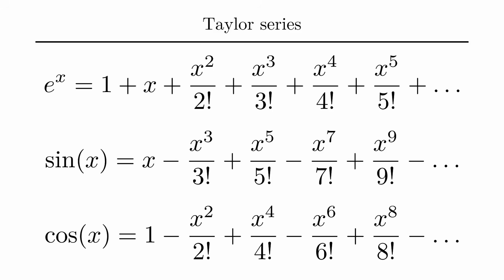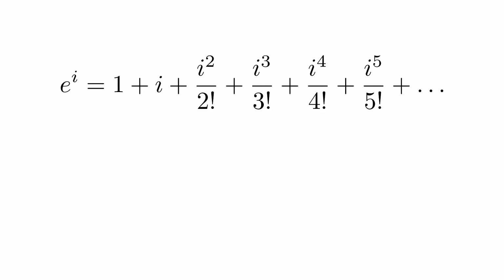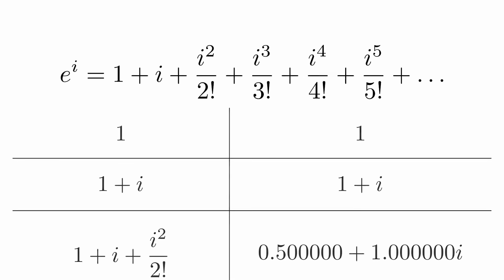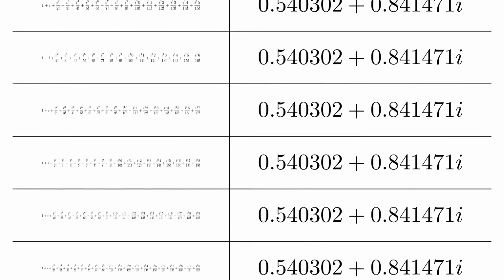For example, if we want to know what e to the i should be, we take this Taylor series for e to the x, and we plug in i and look at the partial sums. From this table, those partial sums seem to converge to a number that's approximately 0.54 plus 0.84i.